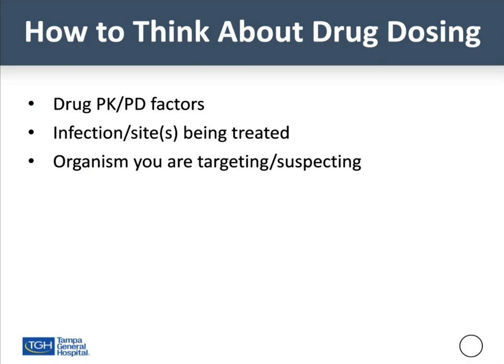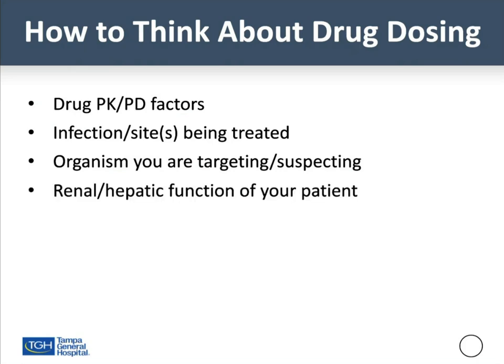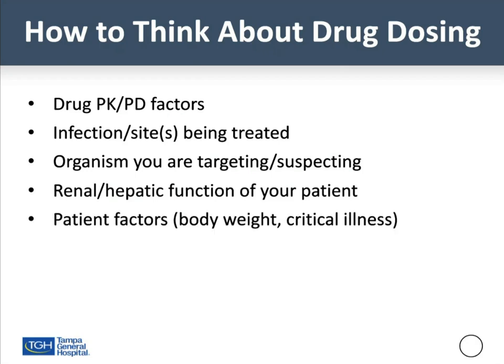What organism are we suspecting is causing the infection, maybe based on a history or based on a presentation, or if we have cultures, what do we know we're going to be targeting? Thinking about the renal and hepatic function of the patient. If a patient has end-stage renal disease, we're not going to dose cefepime the same way as if someone had normal kidney function.